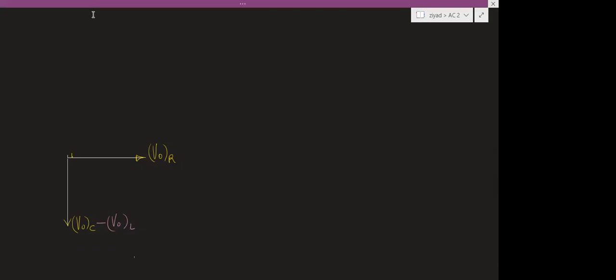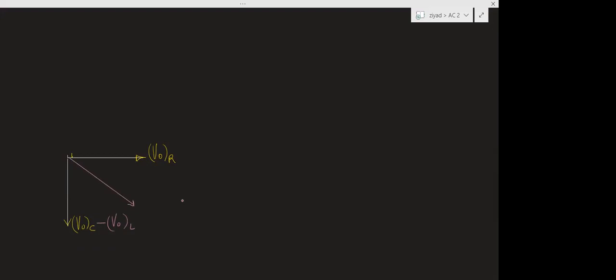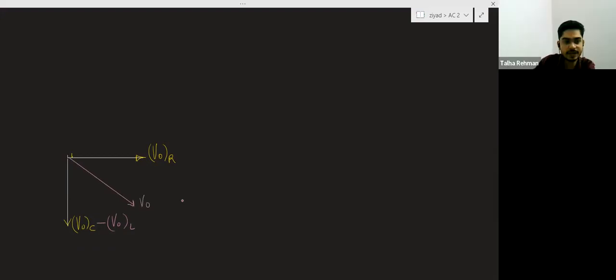So the resultant of these vectors will be this. This will be the resultant voltage, that is V naught, and this is angle phi.